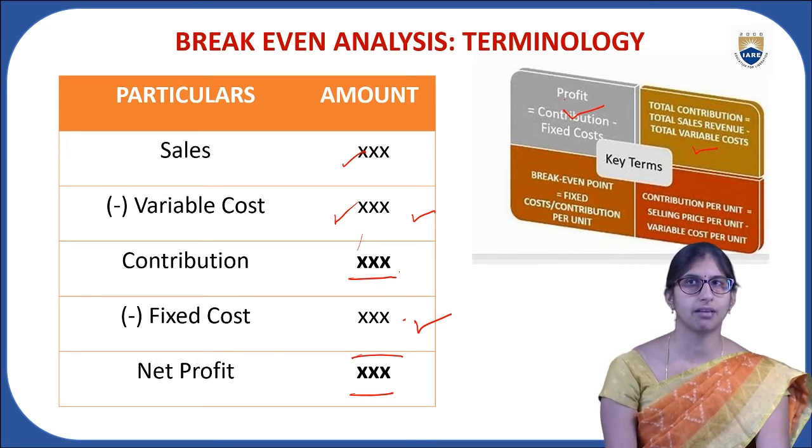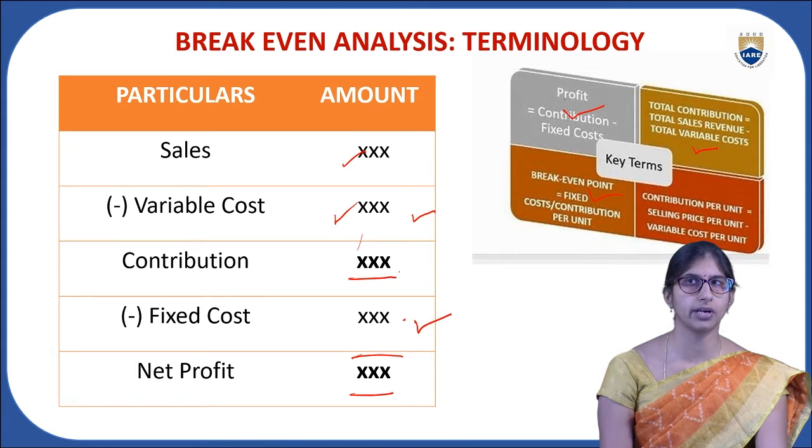So coming to break-even point, the formula is fixed cost divided by contribution per unit. Fixed cost divided by contribution gives us the break-even point. Okay. And now contribution per unit. Here contribution per unit we can ascertain, and contribution in value also we can ascertain.